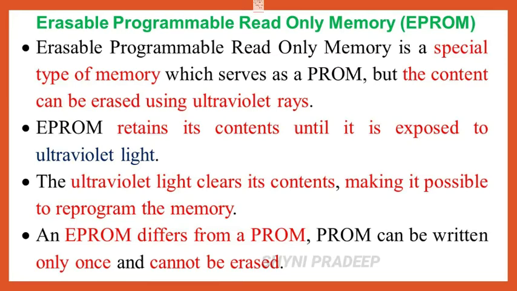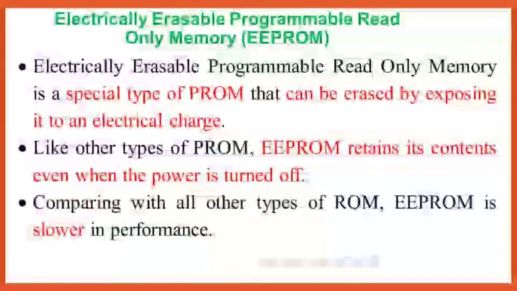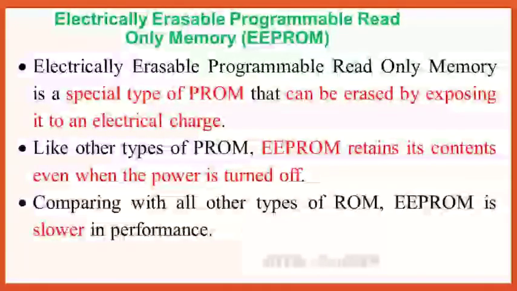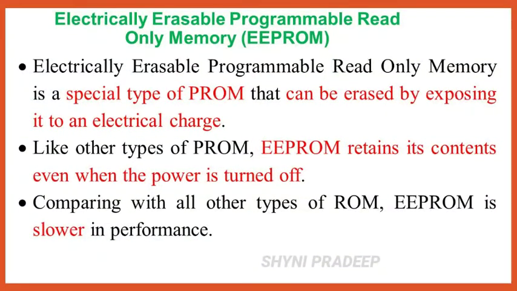And the next memory is electrically erasable programmable read-only memory, EEPROM. It is also non-volatile memory. It is a permanent storage memory. Here the contents will be deleted by electrical charge. It retains its contents even when the power is turned off. When compared with all other types of ROM, this EEPROM is slower in performance.